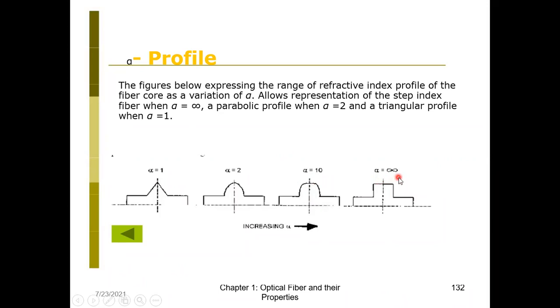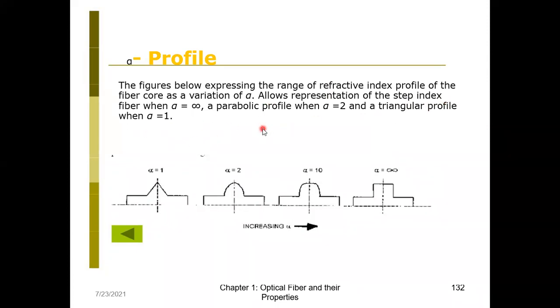Alpha equal to infinity, if you substitute in that particular formula, becomes the shape of a square, like the step index profile. When alpha is equal to 1, I have a triangular profile. When alpha is equal to 2, I have a parabolic profile. And when alpha is equal to infinity, I have the profile just similar to a step index fiber.